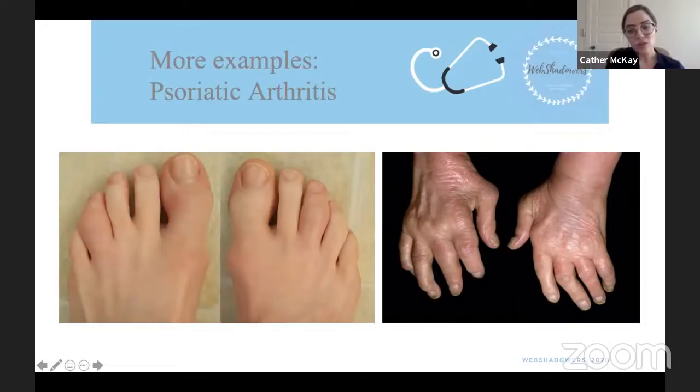And then the end result sometimes of psoriatic arthritis, which happened more frequently in the past when we didn't have as good treatment options, but this is what you don't want to happen: the deformities that can result. You get resorption of the bone in the digits or in the joints, which can be really debilitating. Now that we have such good treatment options, we hope and try to prevent this from happening.